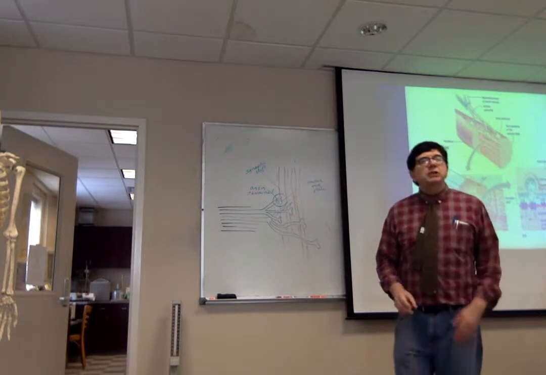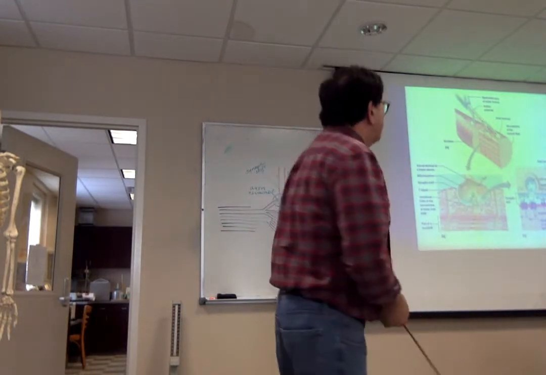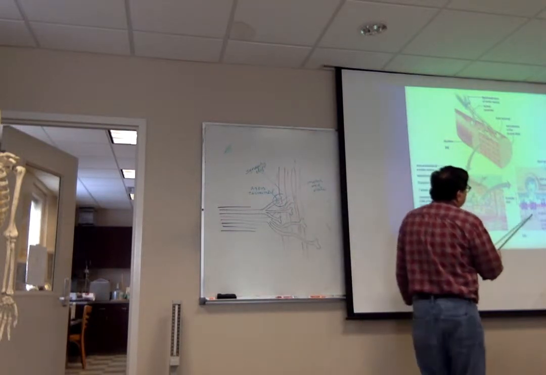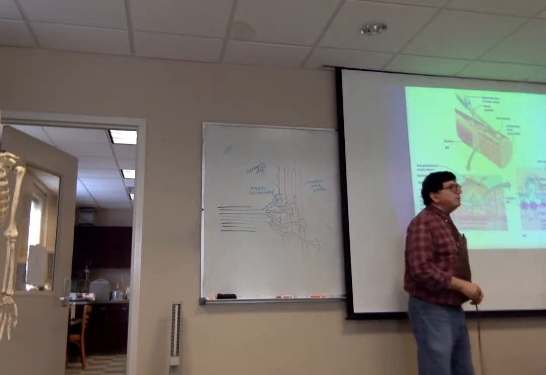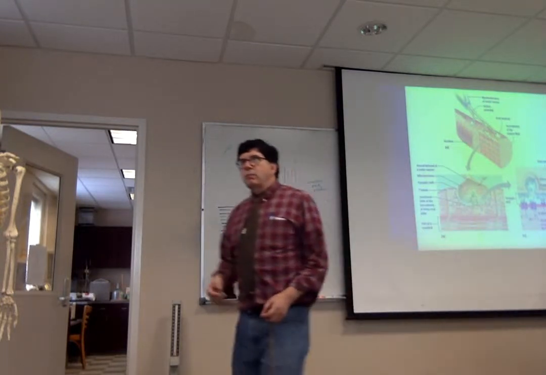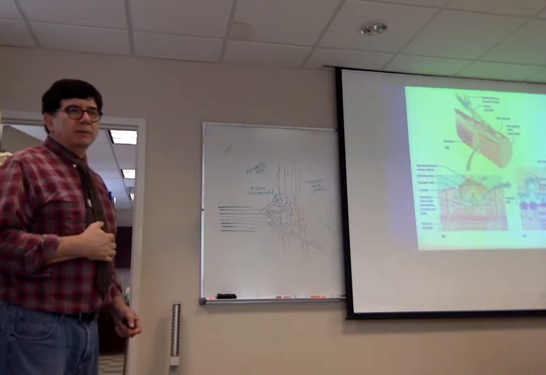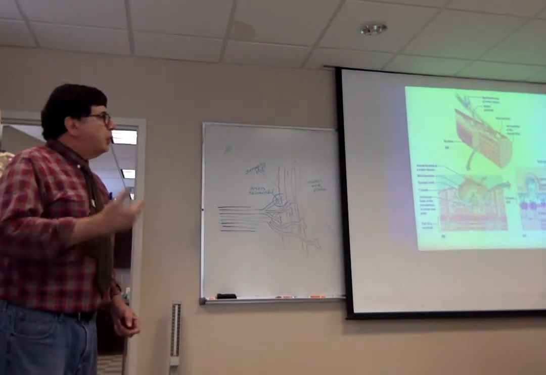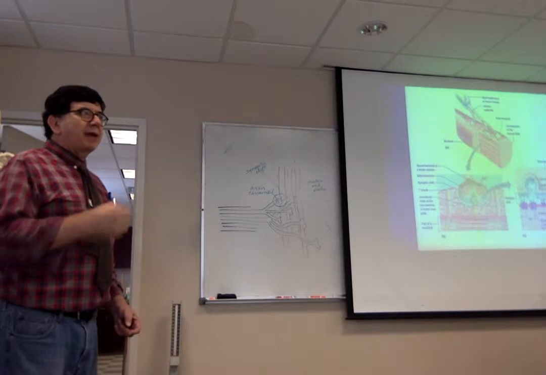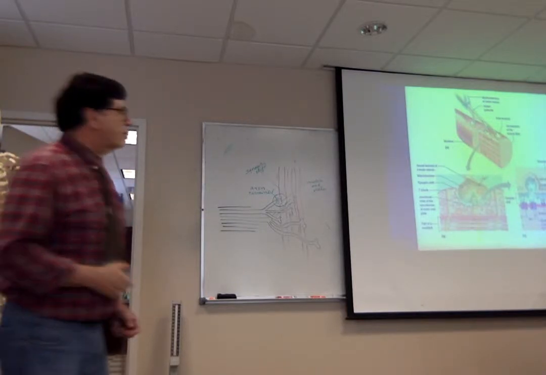Now, it turns out that more sodium enters than potassium leaves. So as sodium enters into the cell, it's going to result in a change in membrane potential. It's going to make the interior of the cell more positively charged. It's going to bring about depolarization. And if there's strong enough depolarization, then that wave of depolarization can spread down the sarcolemma.